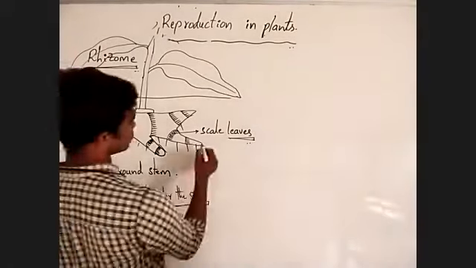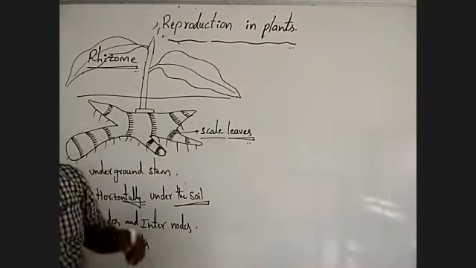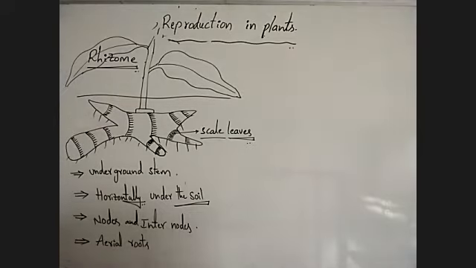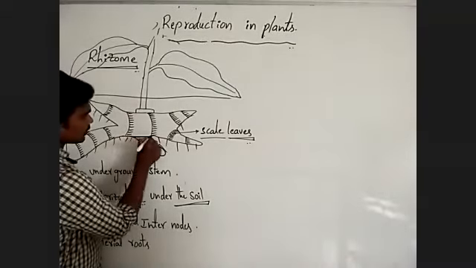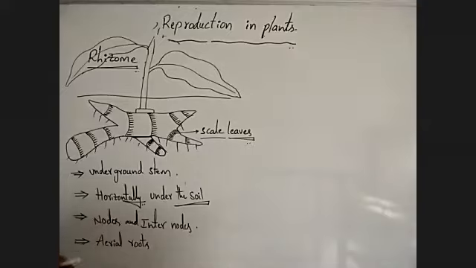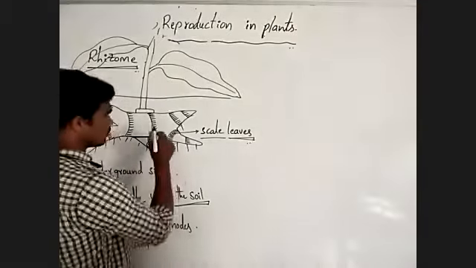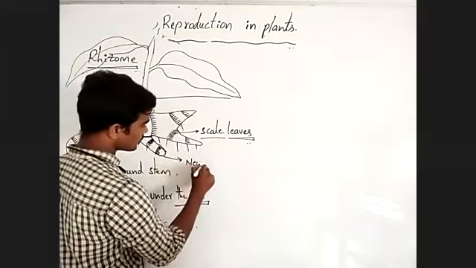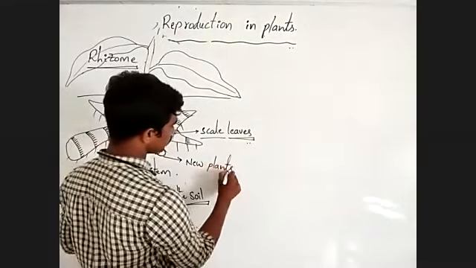Observe carefully, scale leaves. Okay. Next, here small daughter rhizomes are developed from the axillary bud. Whenever they are separated from the parent body, they can grow as new plants.